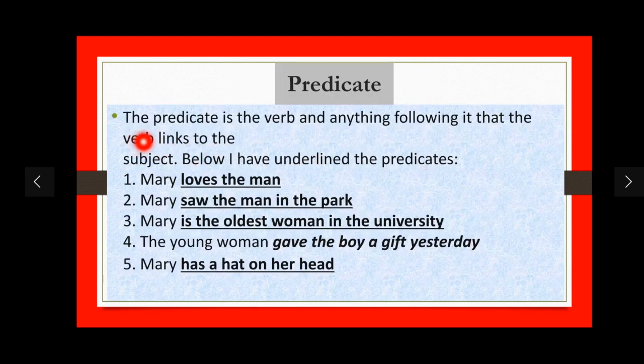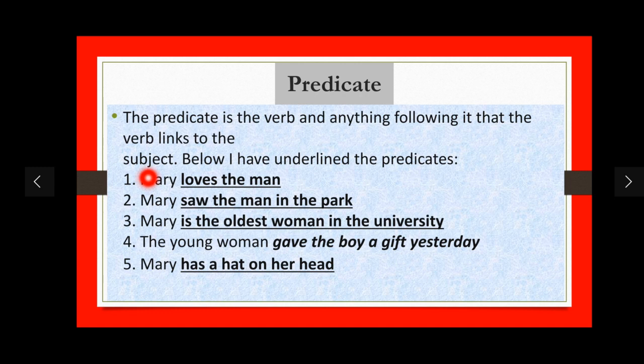Predicate. The predicate is the verb and anything following it that the verb links to the subject. So then predicate is a verb and anything that is linked with a verb. For example, if I say I teach, so here I is subject and teach is a predicate.